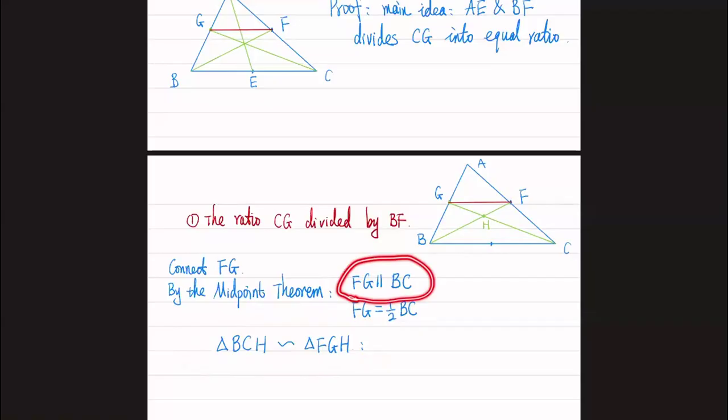Okay, let's check these two angles. Are they equal? Why? Because they are alternate angles for the two parallel lines. These two angles have equal measure.